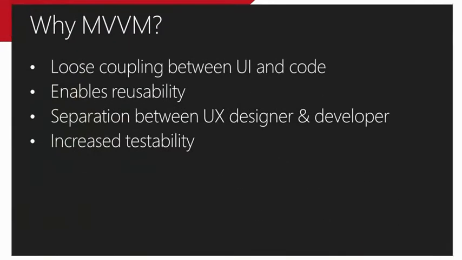So before we define the different parts of MVVM, the model, view, model pattern, let's talk about why we want to use this. And essentially, we want to use this because it enables reusability. And it does that by loosely coupling the UI layer with your code or your app logic. So you can imagine a world where now you have a clean separation between your XAML and your front end and all your application logic in your modules and your C# and your assemblies.